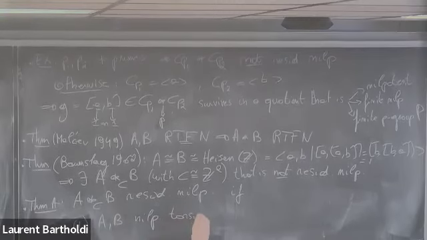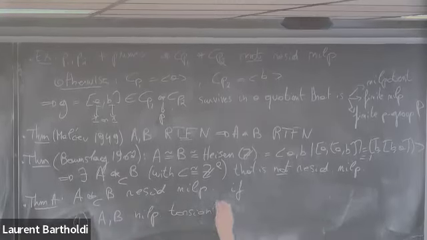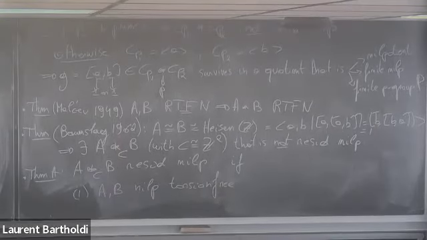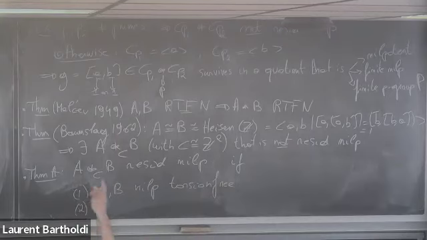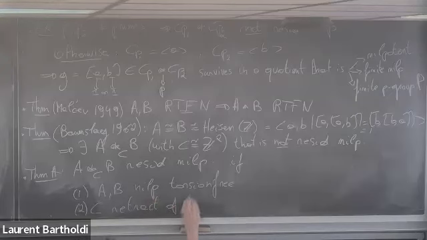And as shown by the example above, you need to assume torsion-freeness. In the second condition, you need some condition also on C with respect to A and B, as shown by Baumslag's example. And so here, the natural condition is that C is a retract of A and B, which is not satisfied in Baumslag's example. So this simply means that A splits as a semi-direct product of some subgroup with C, and the same with B.